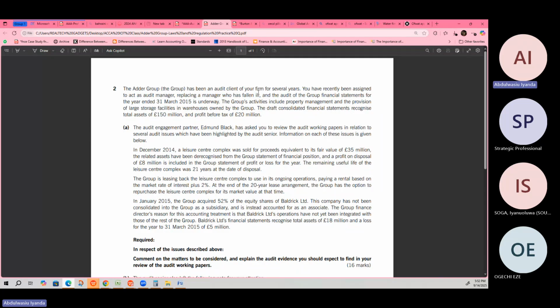The audit of the group financial statements: the group activities include property management and the provision of large storage facility in the warehouse owned by the group. So this is what this company is doing.